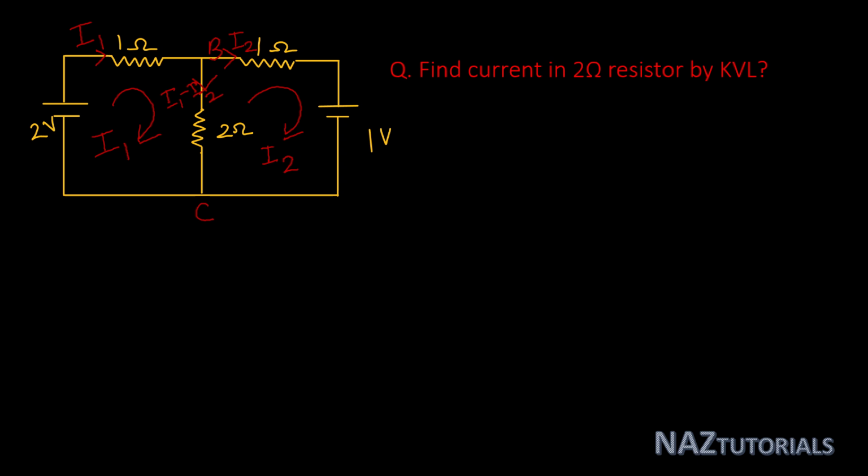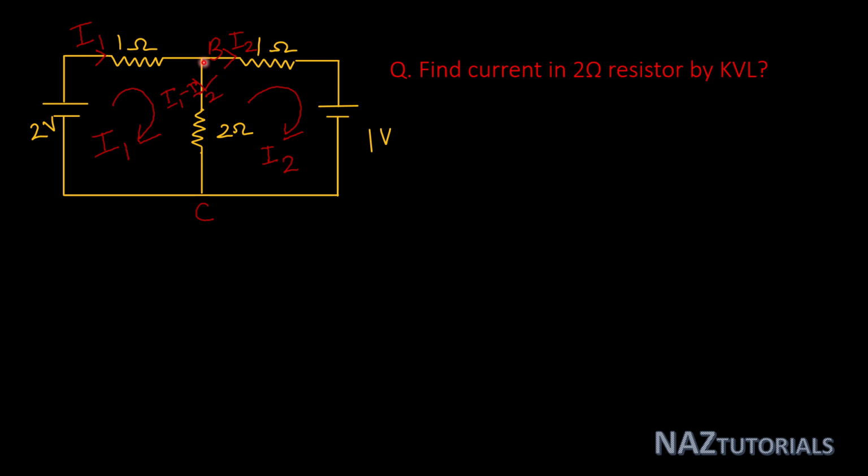That is very simple. If you see the circuit element current directions, the 1 ohm resistor has the current direction for I1, and the other 1 ohm has the current direction for I2. For the 2 ohm element from B to C, this loop current I1 is B to C and this loop current I2 is from C to B. That means the net current is I1 minus I2 or I2 minus I1.